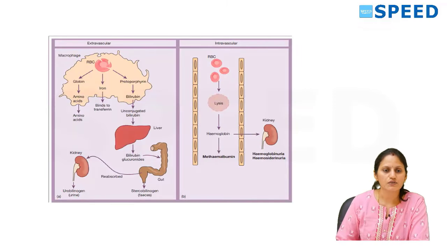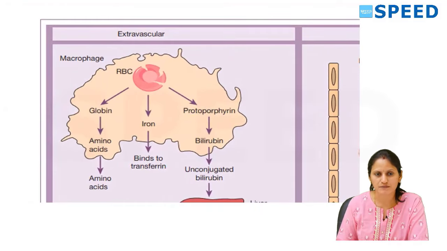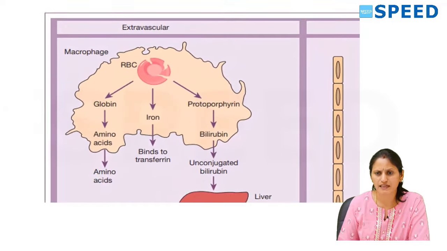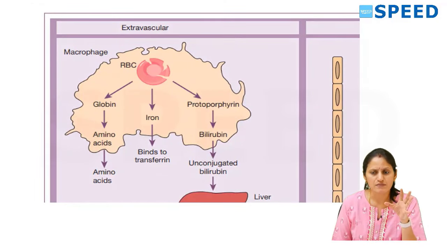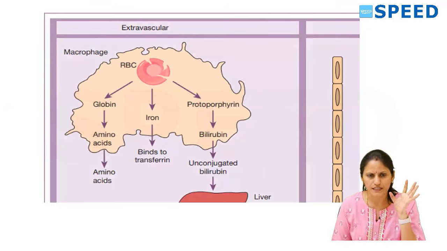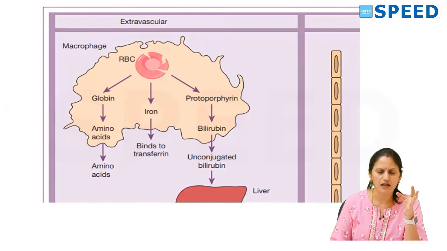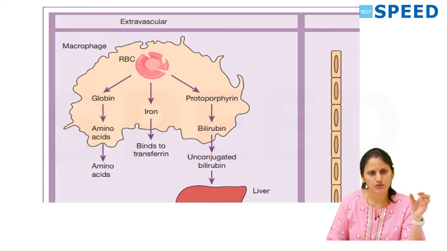When we look into extravascular hemolysis, what's happening there exactly? Normally, red blood cell breakdown takes place in the macrophages of the reticuloendothelial system, that is the spleen. The RBC is broken down, the globin forms amino acids, and the amino acids can be reutilized.